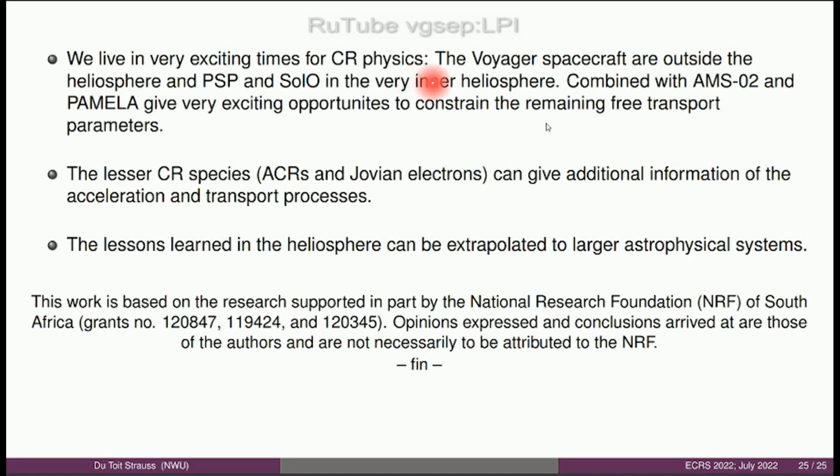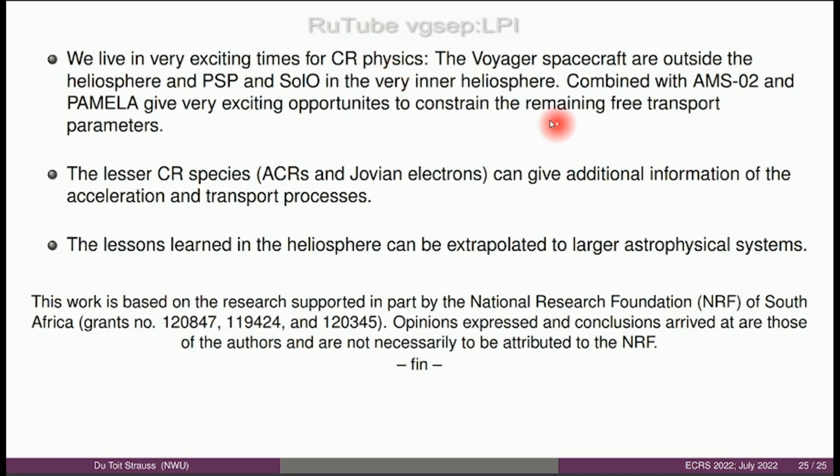The Voyager spacecraft is outside the heliosphere. That gives us a data point in which we can constrain a lot of uncertainties. Inside the heliosphere, we have Parker Solar Probe and Solar Orbiter, getting really very close to the sun, and Solar Orbiter at some point will also go off ecliptic, so you'll scan a little bit to maybe the polar regions.